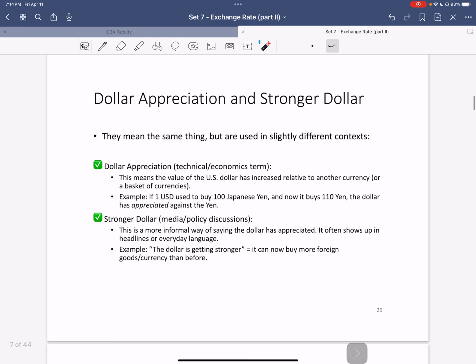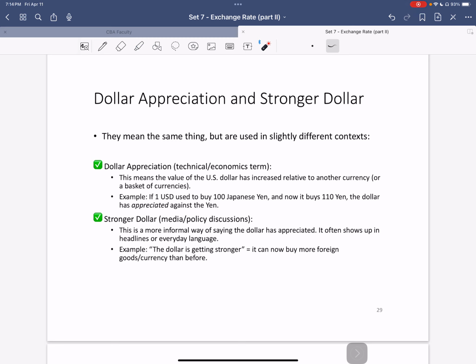So dollar appreciation, as I said, has the same meaning as a stronger dollar. They mean the same thing, but are used in slightly different contexts. Dollar appreciation is more technical. We economists use it in economic terms. This means the value of the US dollar has increased relative to another currency or a basket of currencies.